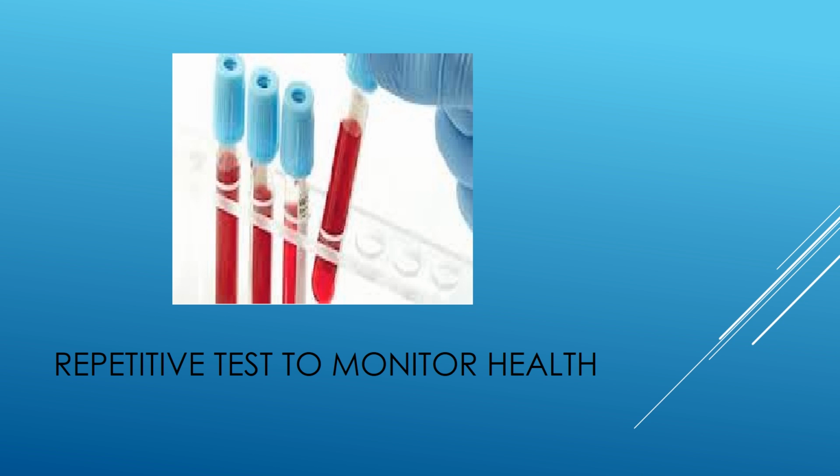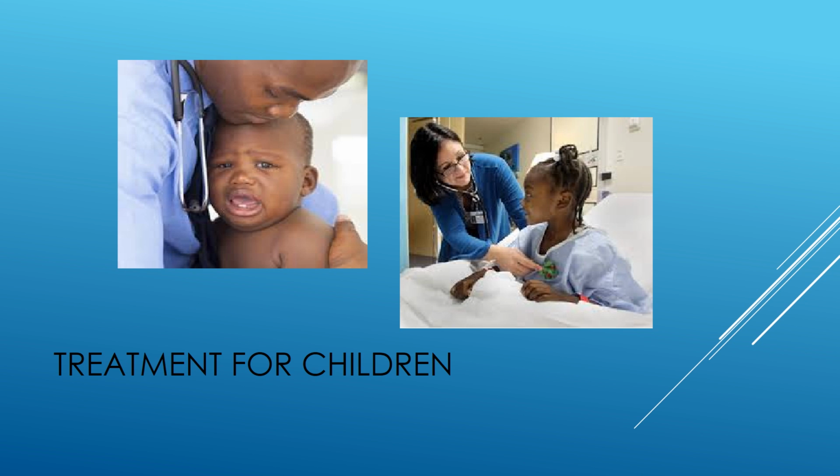Treatment for children. When parents learn that their infant has sickle cell disease, it's the beginning of lifelong education for them. Learning as much as you can about the sickness can help you control warning signs as they arise and know what to do in crisis conditions.